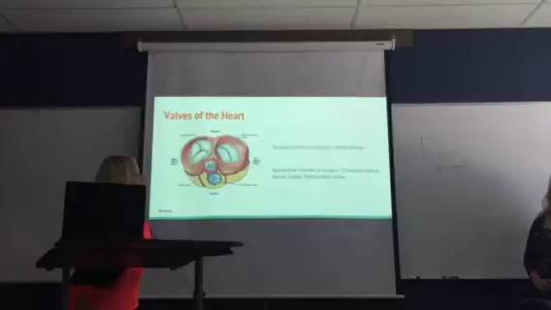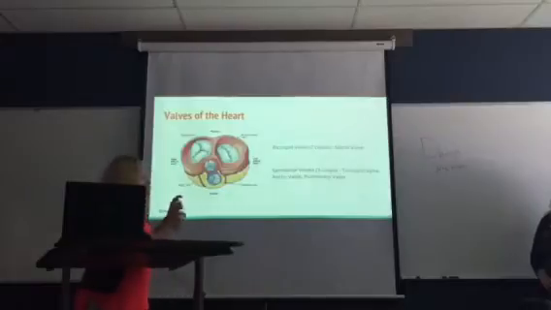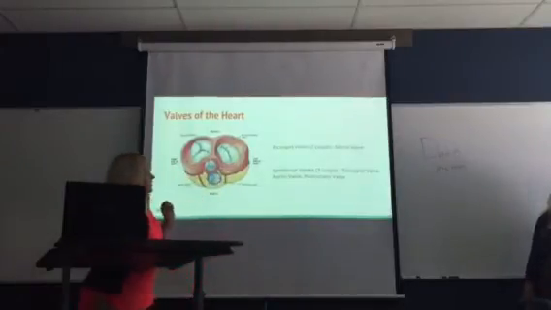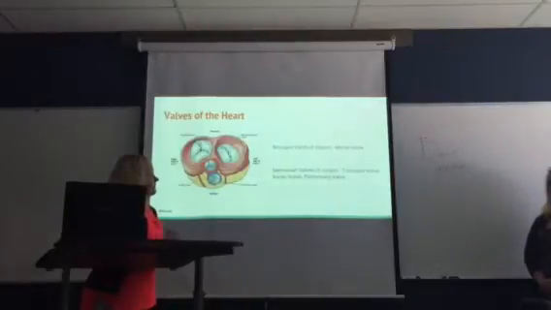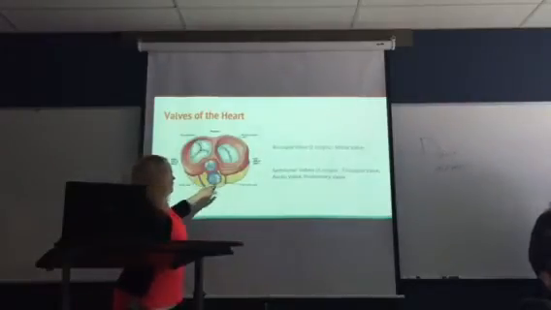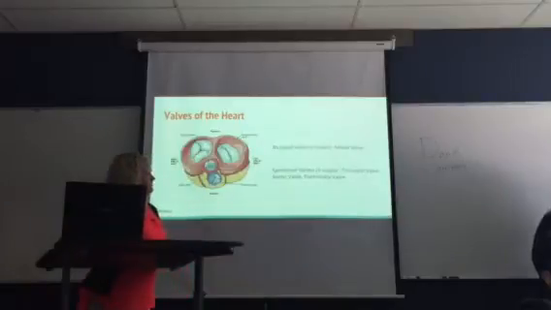The valves of the heart, you have 2 different kinds of valves. You have a bicuspid valve, which has 2 cusps, which is like your mitral valve right here. That's the only kind of valve in the heart of this type. You also have a semilunar valve, which consists of 3 cusps, which is your pulmonary valve, your aortic valve, and your tricuspid valve.